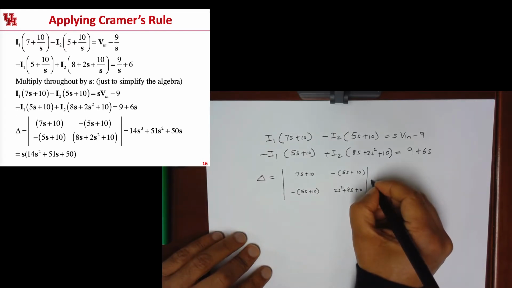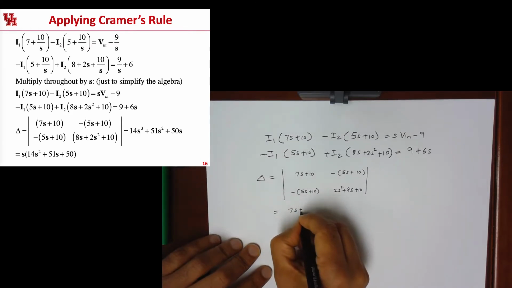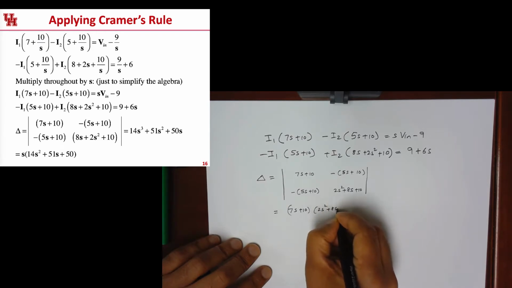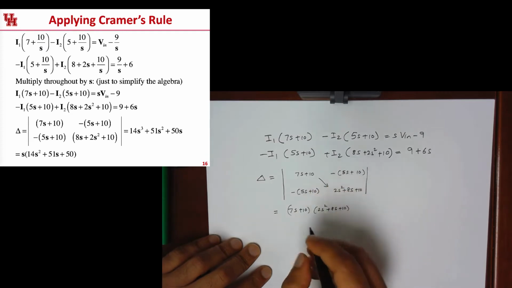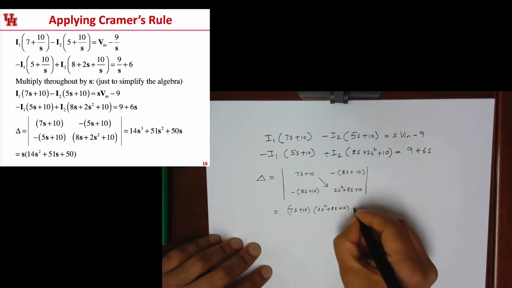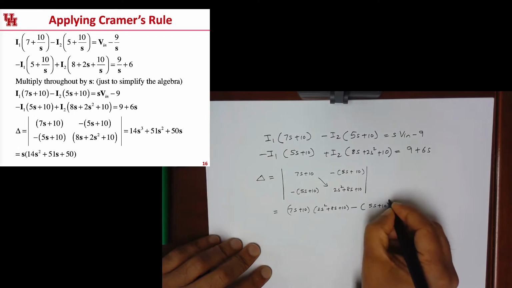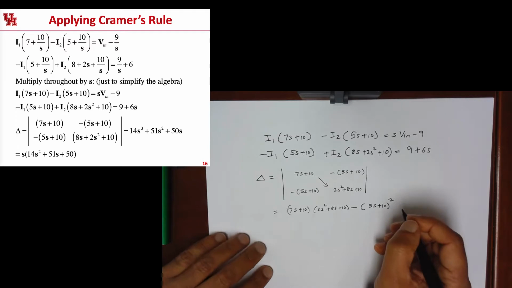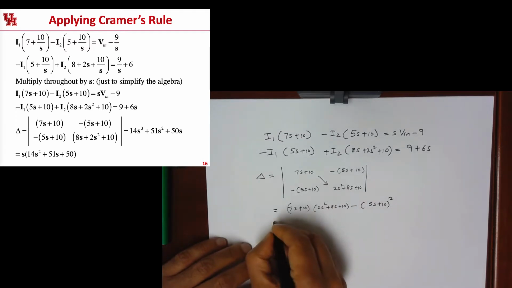So I can expand this out as (7s plus 10) times (2s squared plus 8s plus 10), minus the product of these two, minus (5s plus 10) squared, right? This is going to be a little bit of a messy expansion, so let's see how it goes.